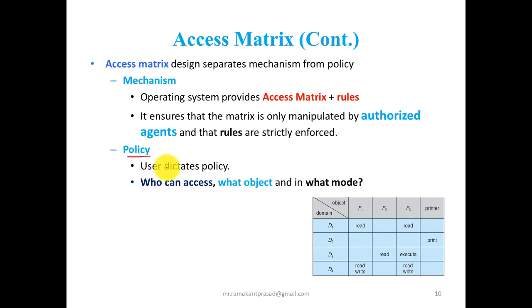But in policies, the user dictates policies like who can access what object and in what mode. Here mode is read or write mode. This is the mode, these are the domains, and these are the objects. So there is a difference between mechanism and policies. I have also discussed this in the previous slide.